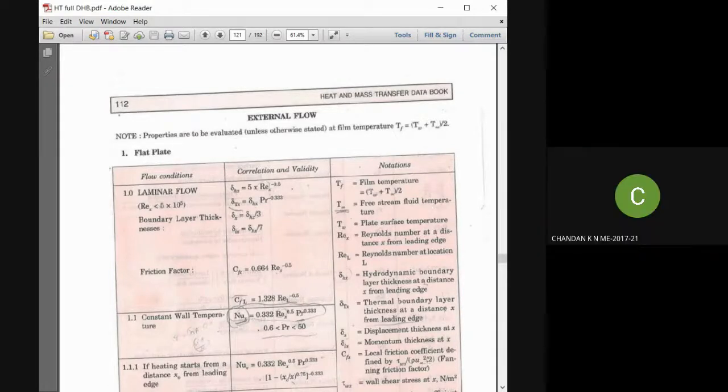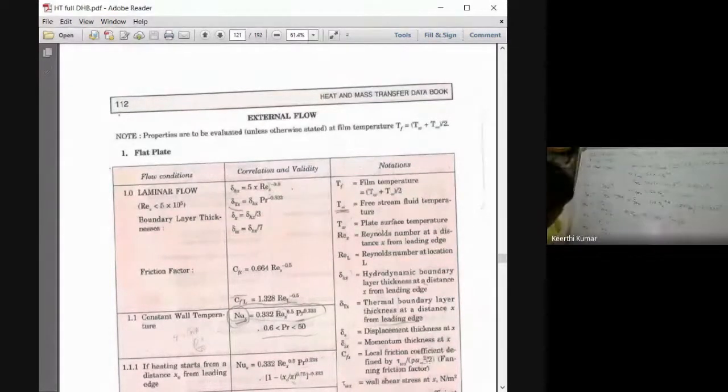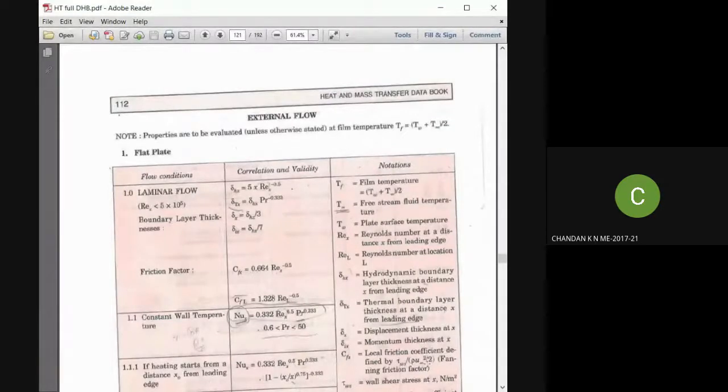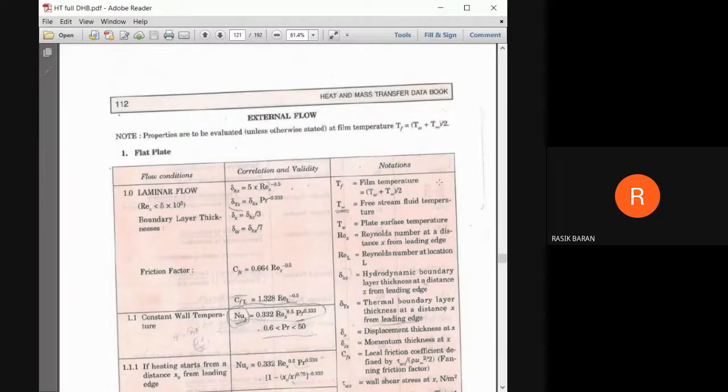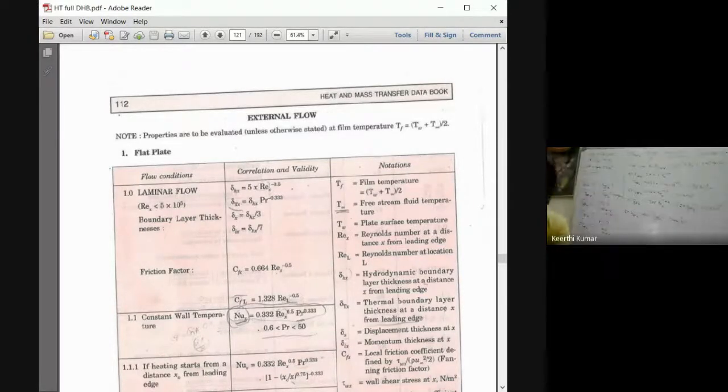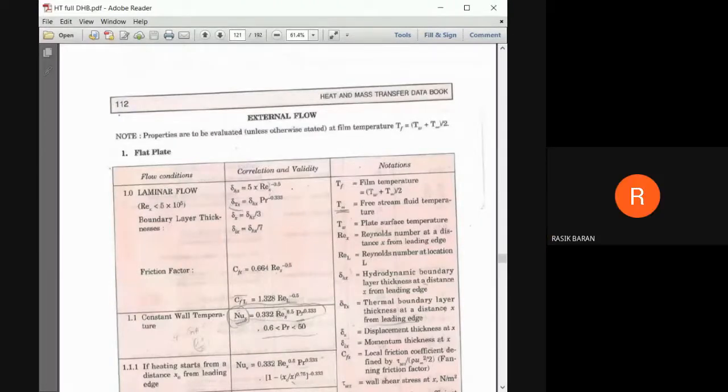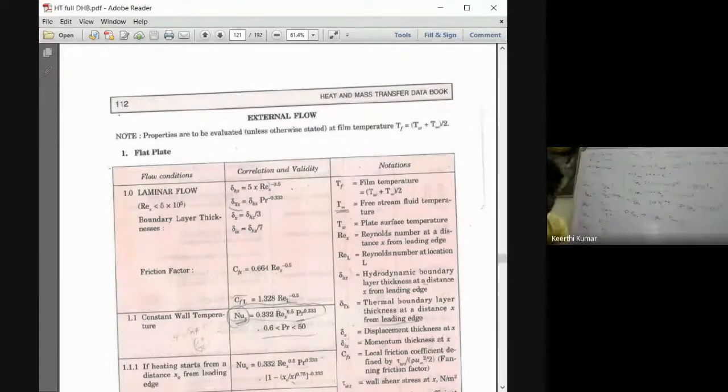Sir, the screen is not visible. What do you say? The screen is not visible, sir. Do you mean what I am writing or what I shared? What I am writing. It's blurred, sir. Okay, so let me close this projected one fully. Shall I close this projected one? Yes, sir. So that it will be easy for me to see whether the screen is adjusted or not. Please open the data handbook by yourself, so that it will be easy for me. Okay, now you see.